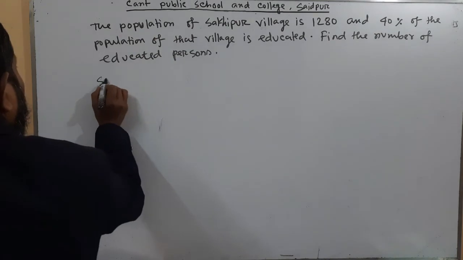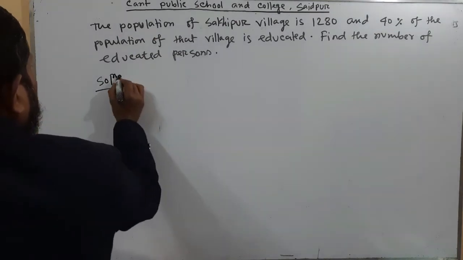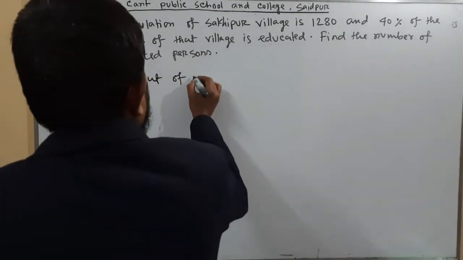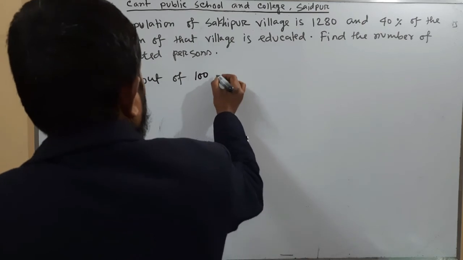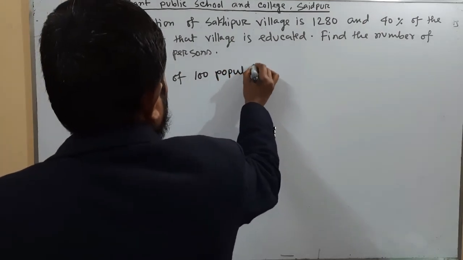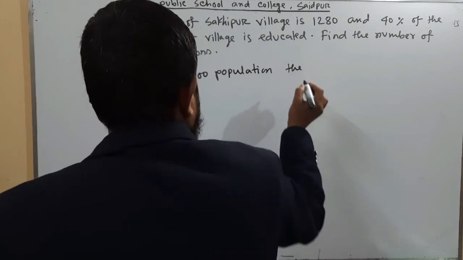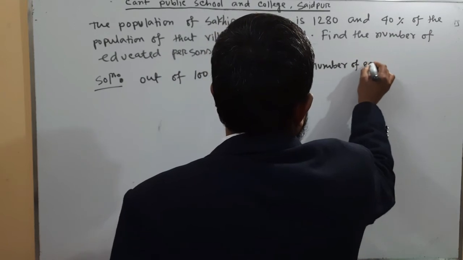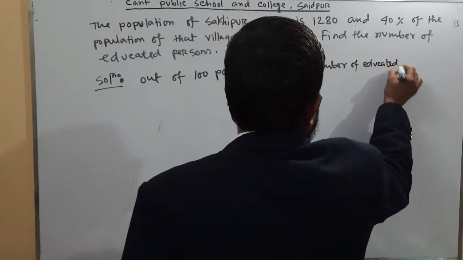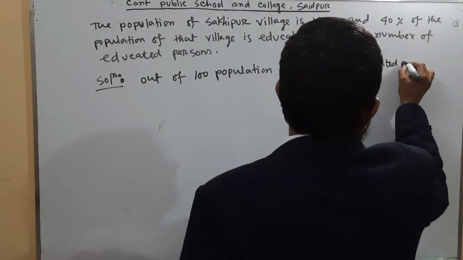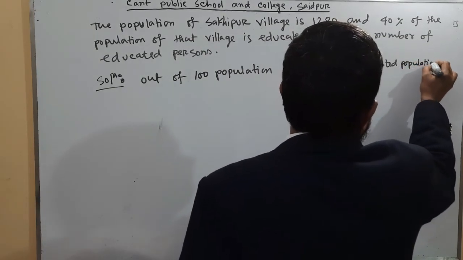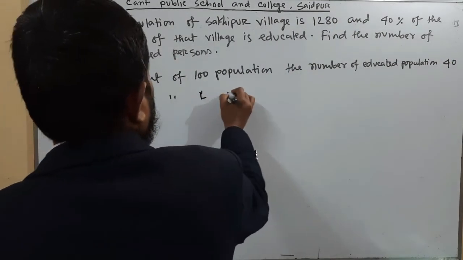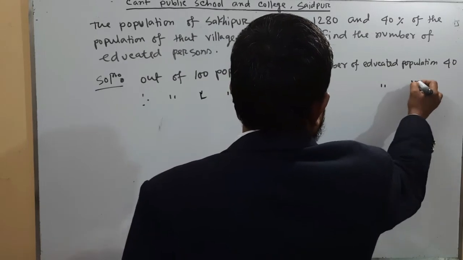Out of 100 population, the number of educated population is 40. Out of 1 population, the number of educated persons will be 40 divided by 100.